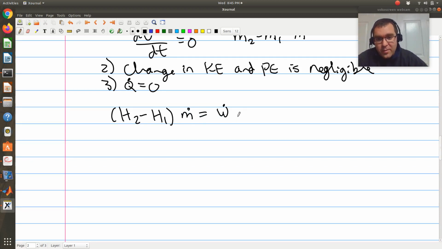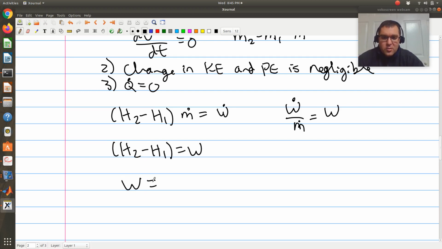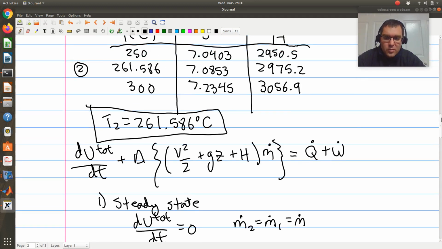If I divide through by m dot, W dot over m dot is just W, energy per mass. So my first law balance, if I'm trying to solve for W, reduces to H2 minus H1 is equal to W. So we have H2 and H1. I just need to enter H1 on the sheet.